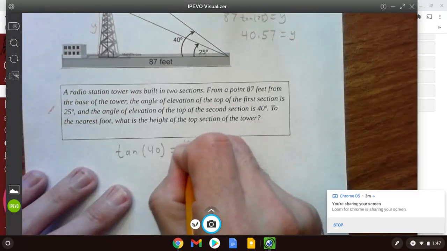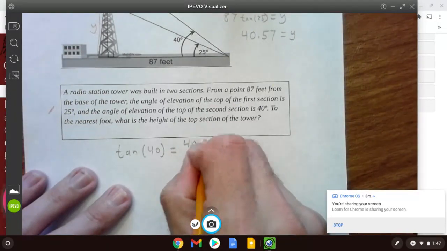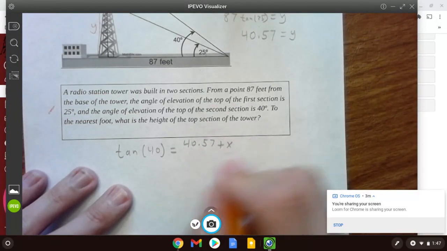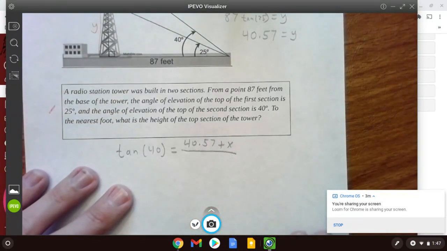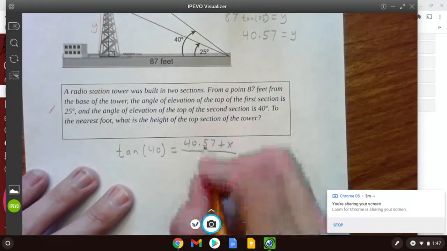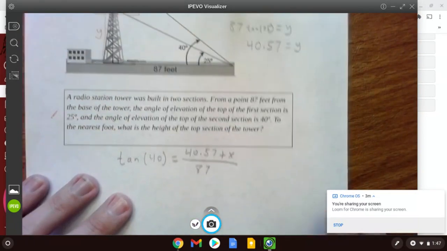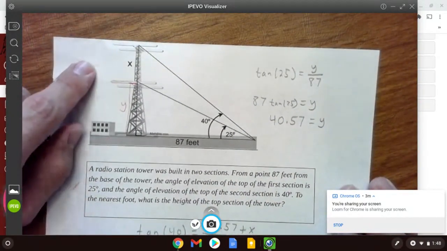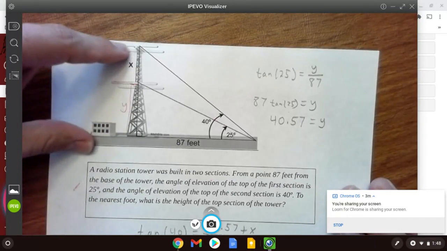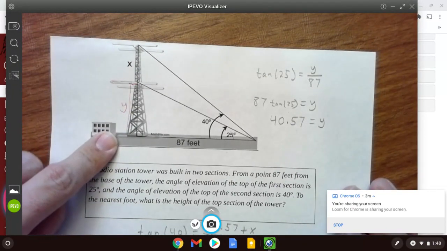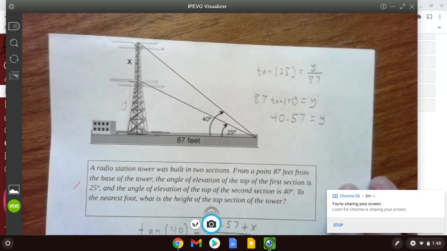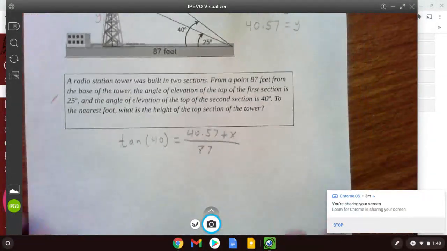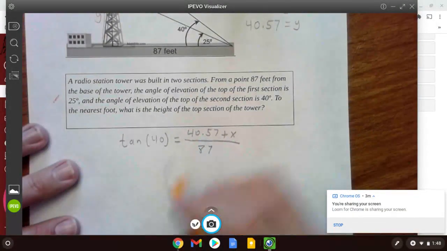So we'll call that 40.57 plus x over adjacent, which is 87 feet here. I could have called the whole thing z or something like that, and then when I solve for z, I could have just subtracted this 40.57 off, but this will work. This will go directly to the answer.